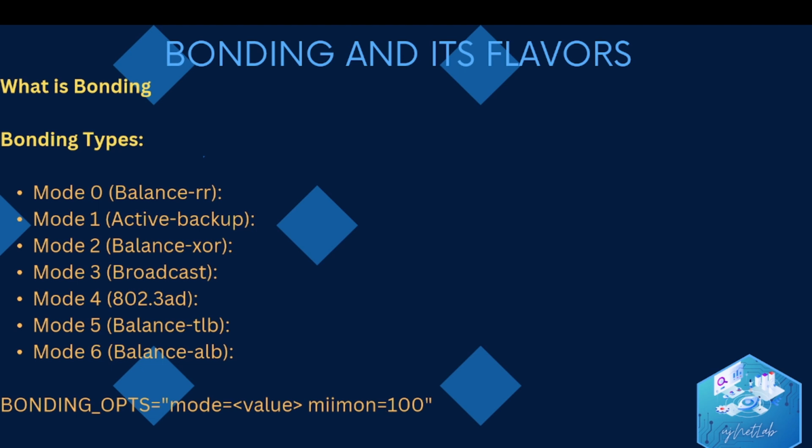The bonding driver can react accordingly. It can shift from active to backup immediately, and it will remove the failed link from the bond to maintain network connectivity through the remaining healthy links. So this is really beneficial for maintaining the reliability and performance of the bonded network connection.